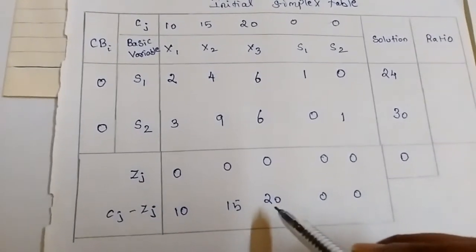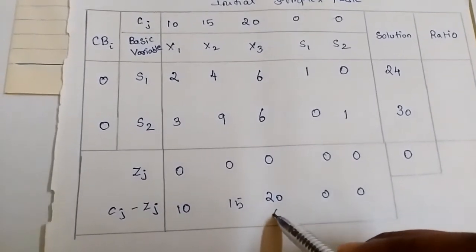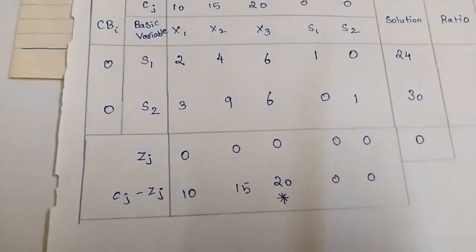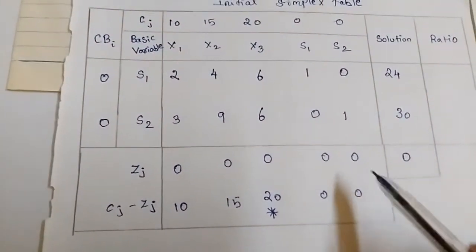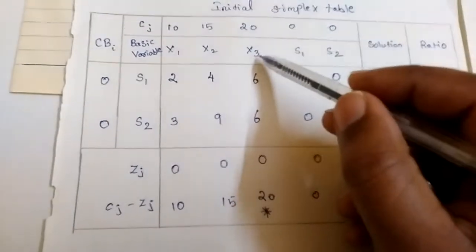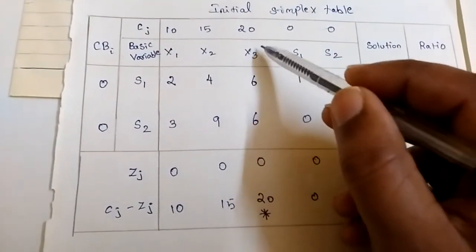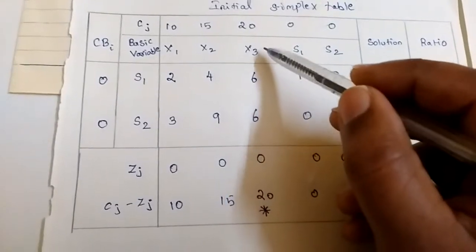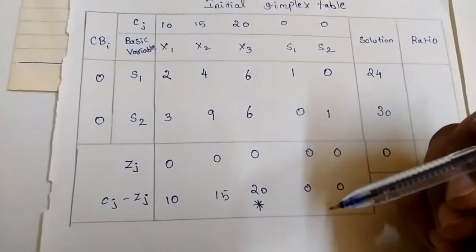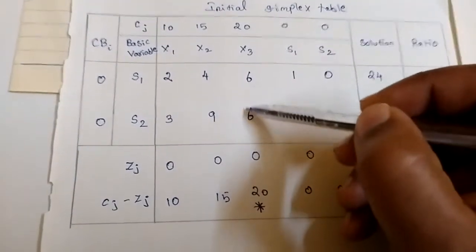Select the maximum value of Cj minus Zj as the entering variable and put a star here. The basic variable corresponding to this maximum value is x3. This is the entering variable. Now this is the key column.